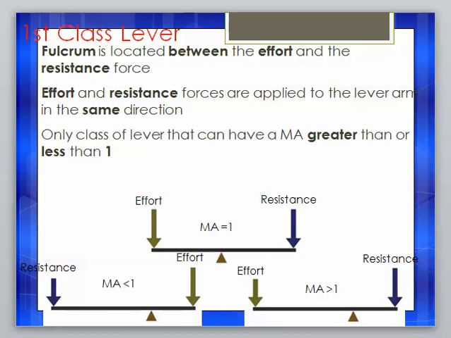The fulcrum's in the middle, and the effort and resistance are on opposite sides. You can copy all that, or you can copy down what I said. This is the only one, I will point out, that can have a mechanical advantage that's greater than or less than 1. It can be either way, depending upon how you set it up.